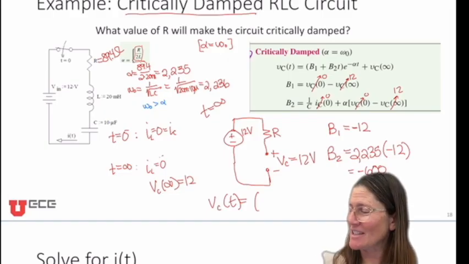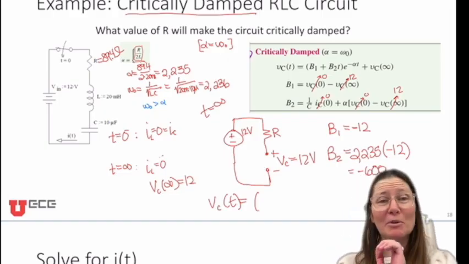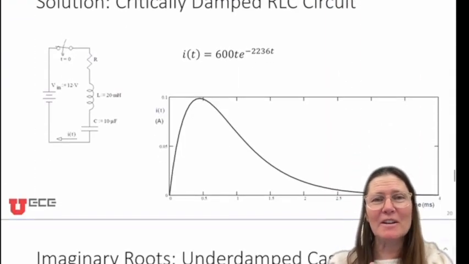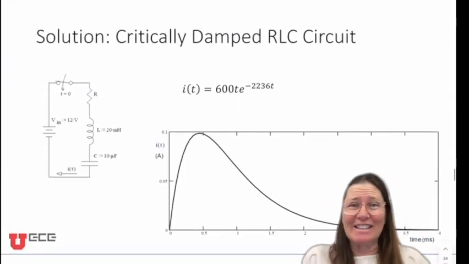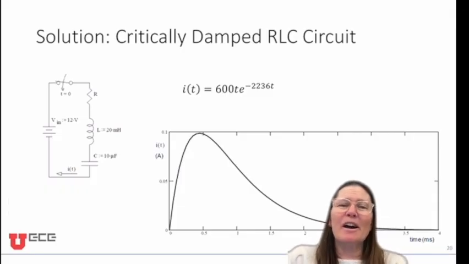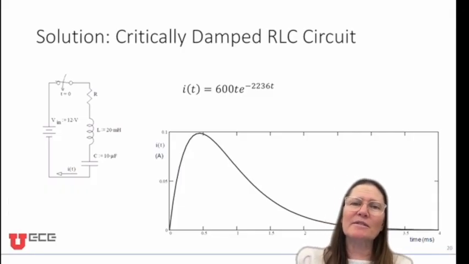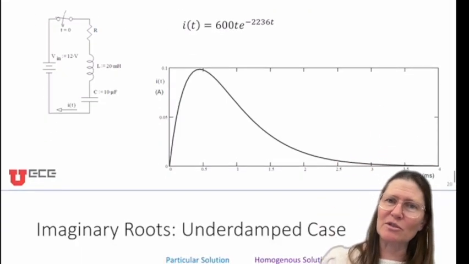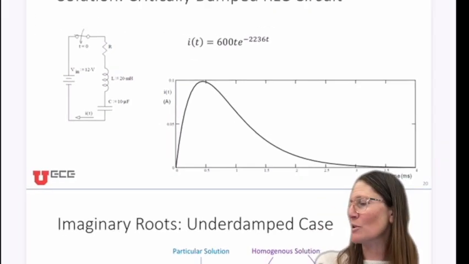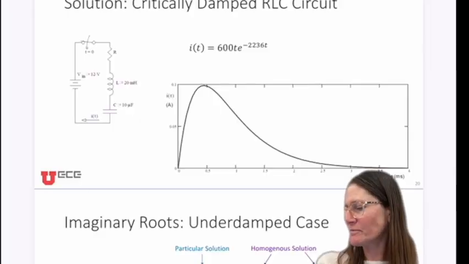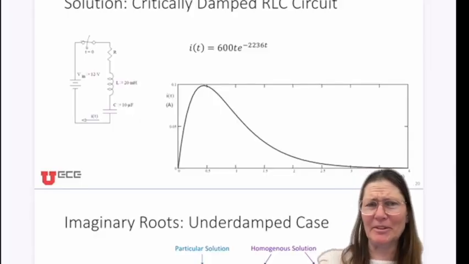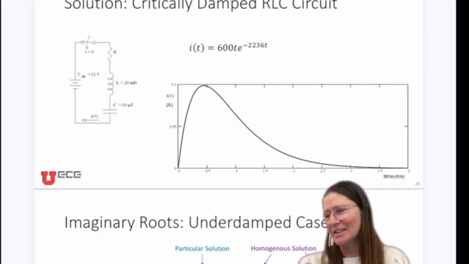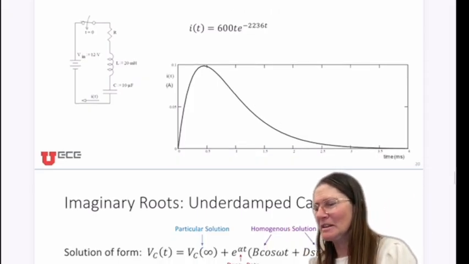Okay, I'm going to think about this more. There's something going on with that one. The solution should look like this, critically damped. It will go up and then it will be 600 t e to the minus 2,236 t. I'll figure out why I'm missing those constants in there. Just something weird.